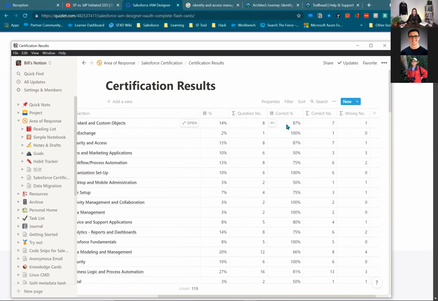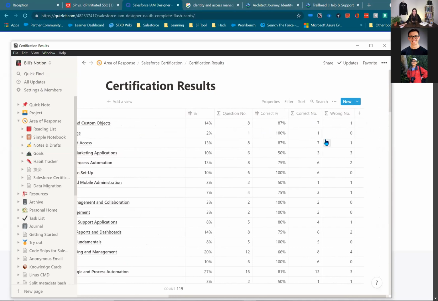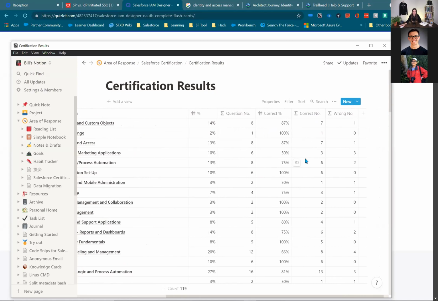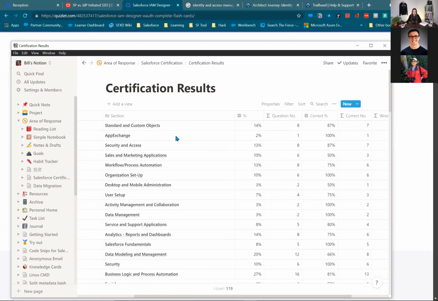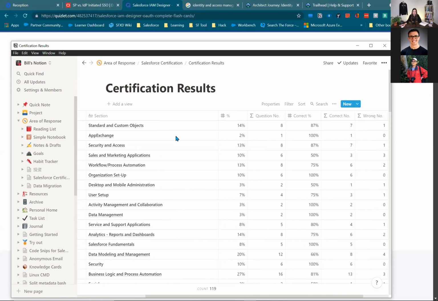This percentage times this question number, you get how many you got correct, and this minus the correct one is the number you got wrong. So you can actually know which area you know better, or where you should spend more time.